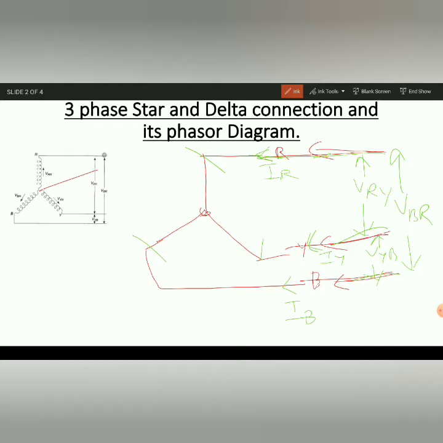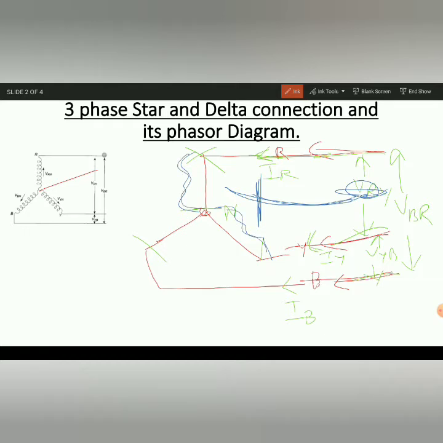How will it take the voltage you applied? The neutral is already created because the phases meet at one point. So whatever you applied, VRY, does not go directly like this. It divides, and some portion goes here and some portion comes here.